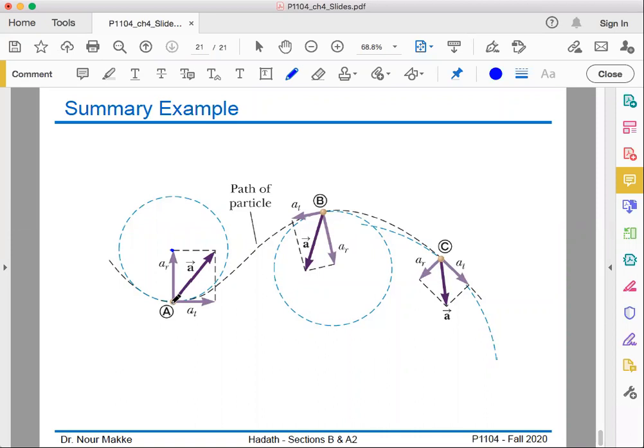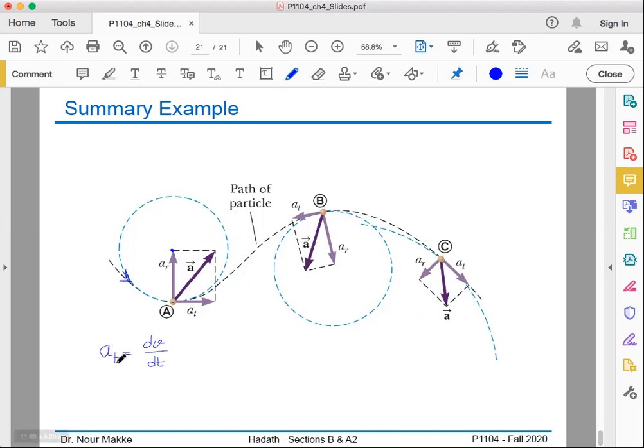And for the tangential acceleration, we have seen that it is given by the derivative of the speed, so the magnitude of the velocity, with respect to time, and it is directed along the tangential direction. So how to draw it? Actually, it's very easy. The particle is moving in this direction, so at this point A the particle is going down, and when the particle is going down, its speed is increasing.